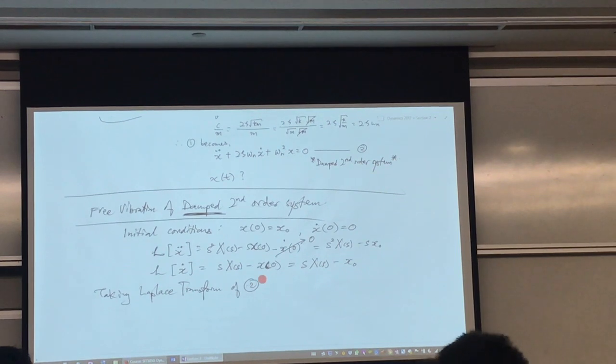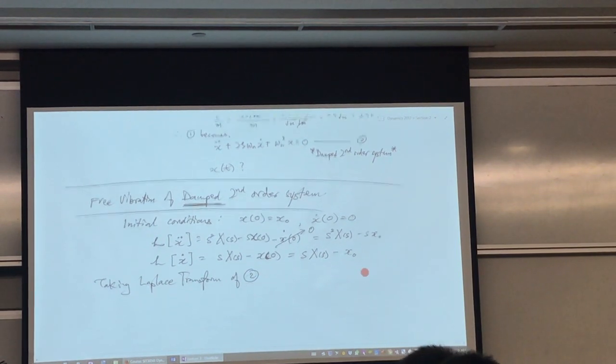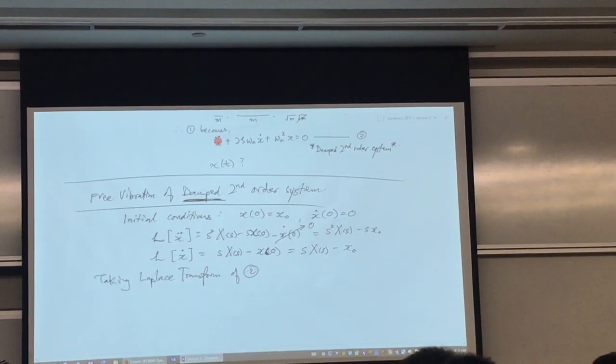So now, if I take Laplace transformation of equation 2, Laplace transformation of x dot dot becomes the term I just solved, s squared X(s) minus s x naught, plus 2 zeta omega n, I'm going to keep that. Laplace transformation of x dot gives me X(s) minus x naught, and then the last term, omega n squared X(s), equals 0.